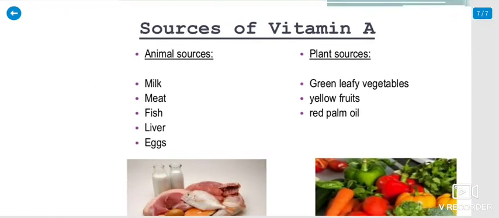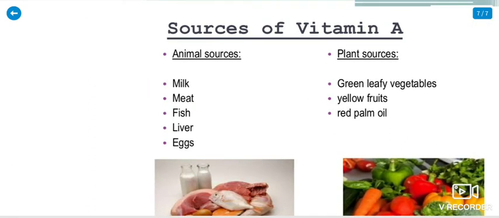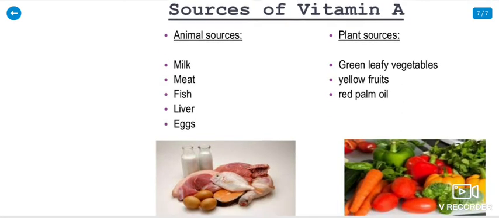Vitamin A is present in animal sources as well as plant sources. The animal sources are milk, meat, fish, liver as well as egg.